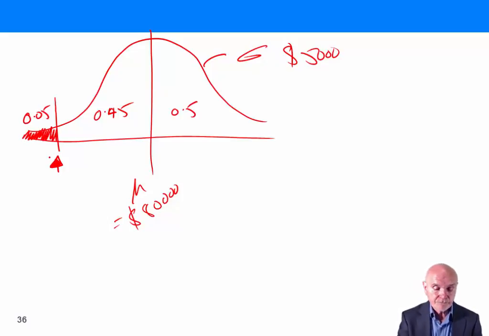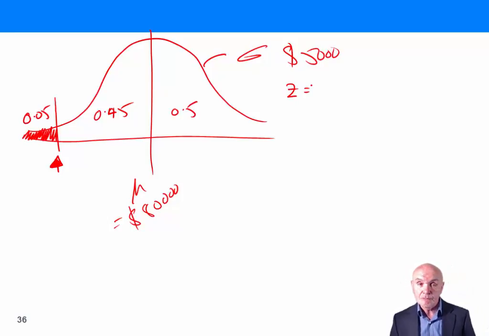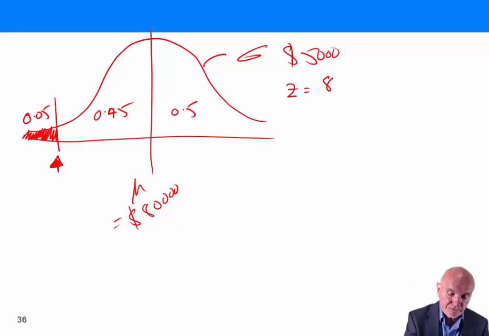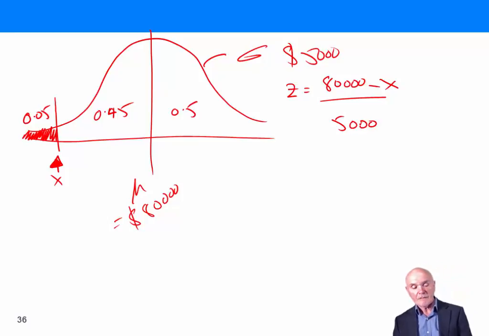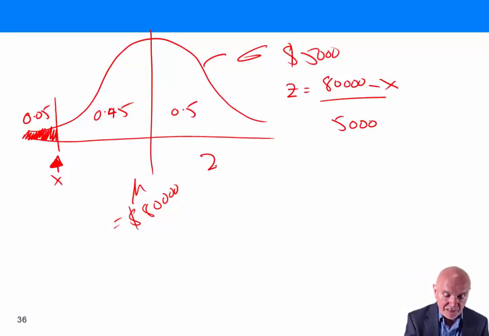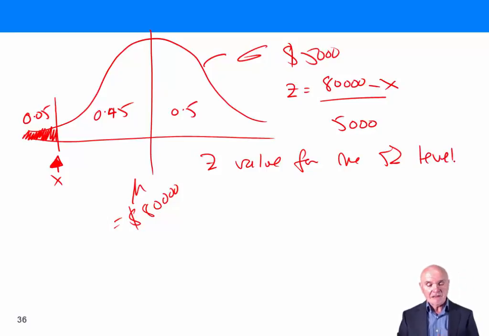So we do the same thing. The z value is the number of standard deviations above or below the mean. So the mean is 80,000, and we're going down to some value x here, and the standard deviation is 5,000. The z value for the 5% level is, as before, 1.645.